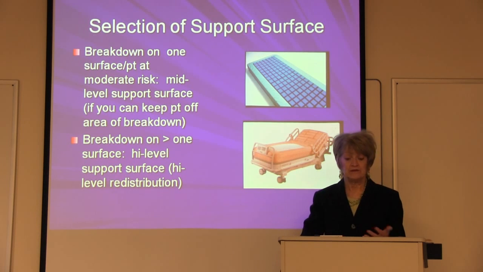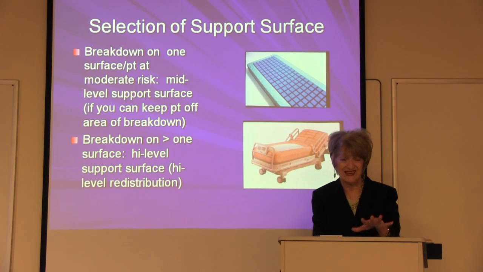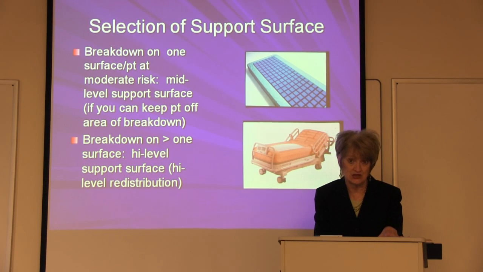Why does that matter? It matters because if you have an area of breakdown, then that tissue is in the healing process. And healing is a metabolically intense process requiring a lot of oxygen. It takes a lot more blood flow and oxygen to heal a wound than it takes to maintain intact tissue.